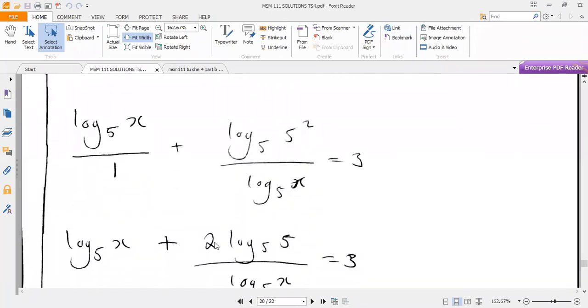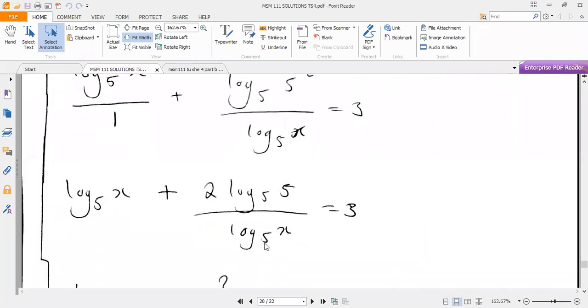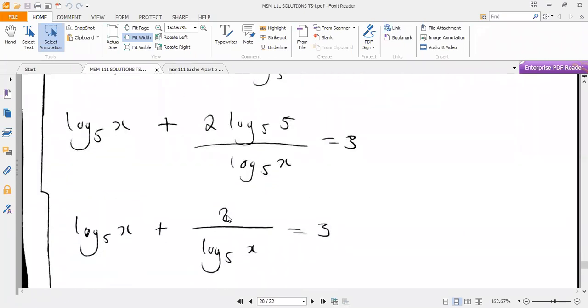So it will be 2 log base 5 of 5, isn't it? So now, using that principle that I taught you earlier on, you know that log base 5 of 5, when the base and the argument are the same, simply tells you that that log is equal to 1. So now 2 times 1 is what we are having down here. It is just 2. So we have this guy here, and then we have managed to manipulate this guy to be 2. Over what? Log base 5 of x equals 3.